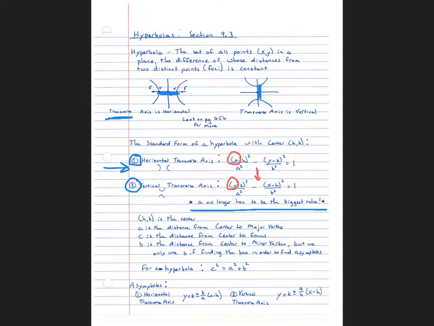So if it's horizontal, the x squared piece will be before the minus. If it's vertical, the y squared piece will be before the minus. All of this stuff down here is just definition stuff in terms of what variables represent. So I'll be referring to those as we do some examples. So let's get into the examples.